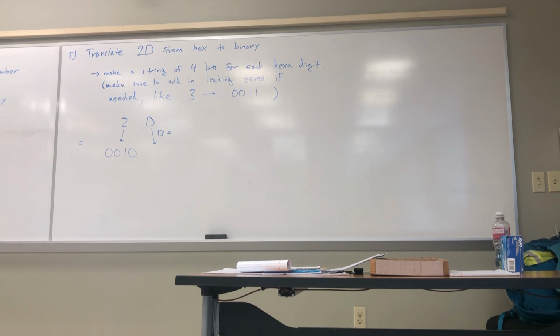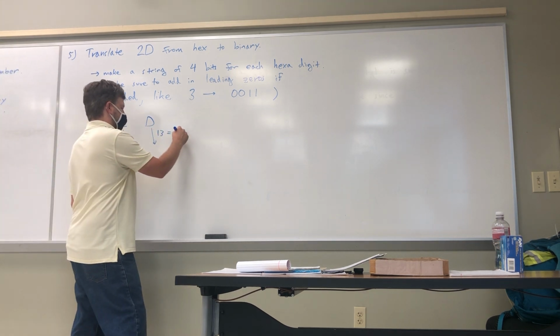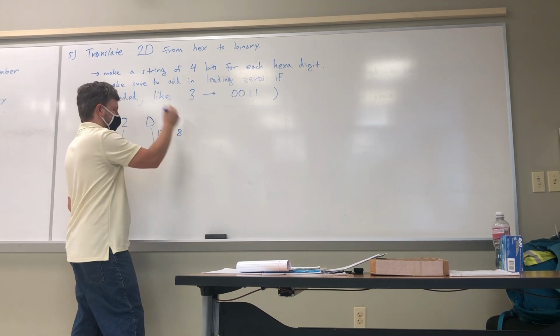If you do them enough, you probably have it memorized. 13. The biggest binary number that goes into that is 8, but it's 8 plus 4 plus 1. So you put in 8, and what's left is 5.